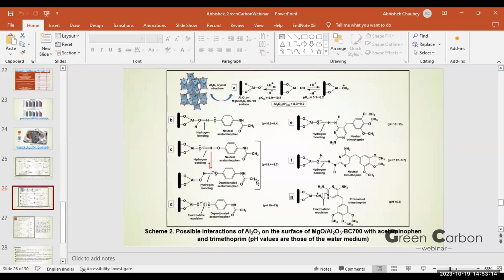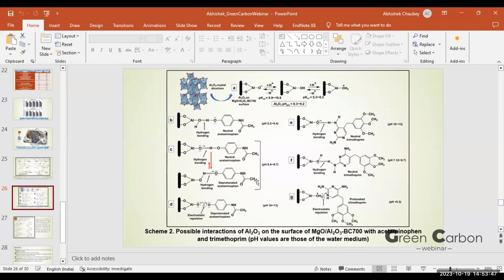We found that the Al2O3 on the adsorbent is also dependent on pH. If the pH remains below 5.3 or 6.2, the aluminum gets protonated and becomes positively charged; between pH 6.2 and 9.9 it remains neutral, meaning aluminum in the form of aluminum hydroxide; and at higher pH it gets deprotonated and becomes negatively charged.